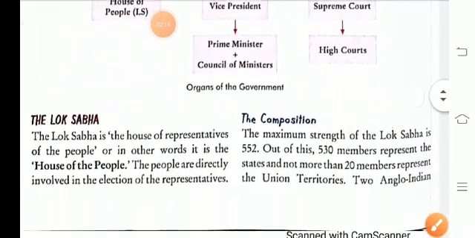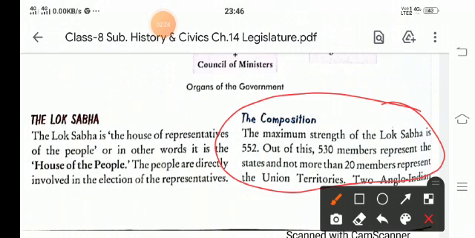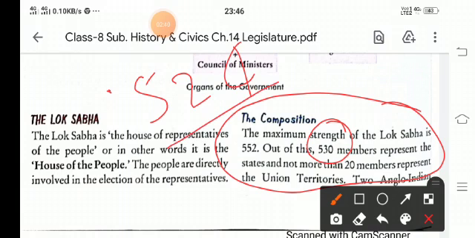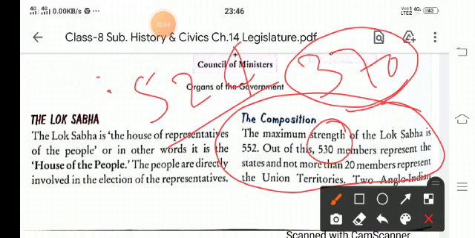Now we will read about the composition. What is the composition of the Lok Sabha? The composition of the Lok Sabha is 552 members, out of which 524 are elected through the states. Before it was 530, but now it is 524 because Article 370 for Kashmir has been abolished and there are two territories now.